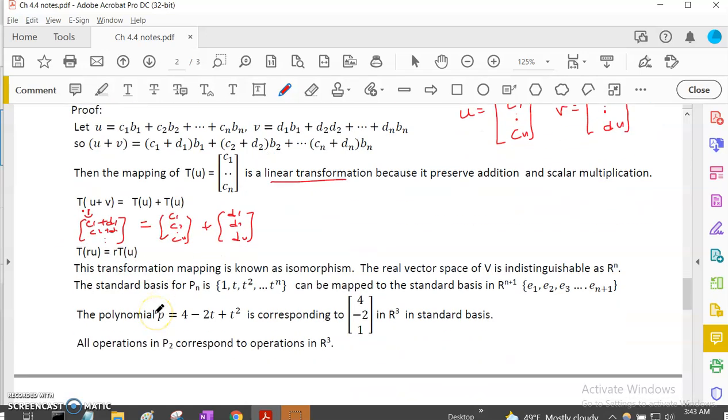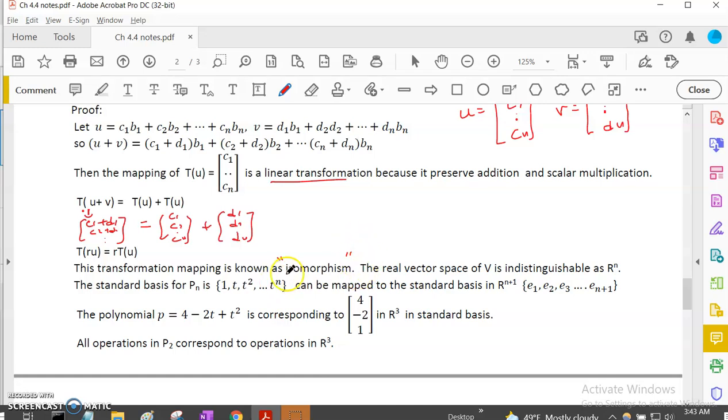And then if R is a scalar, obviously T of R times U is the same as R times T of U, because the transformation is to change this writing of the combination of the bases into a vector column. So this vector column is a linear transformation, and also because it's so important, it has a name called isomorphism.